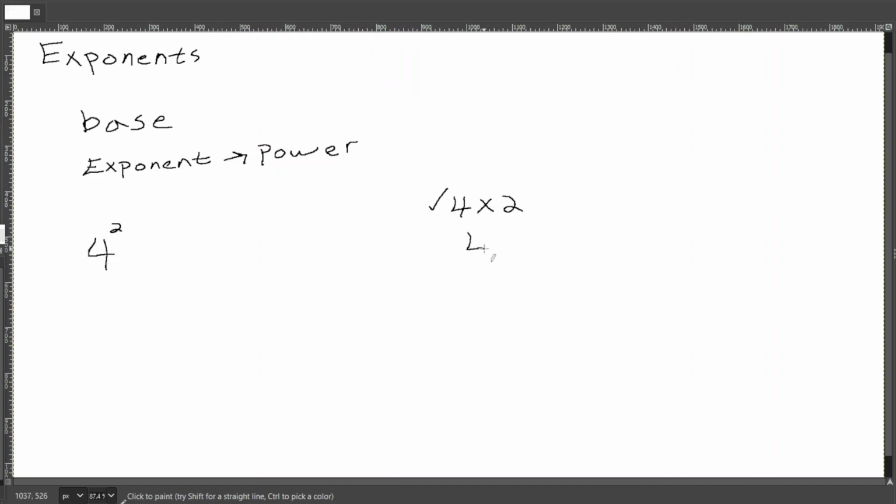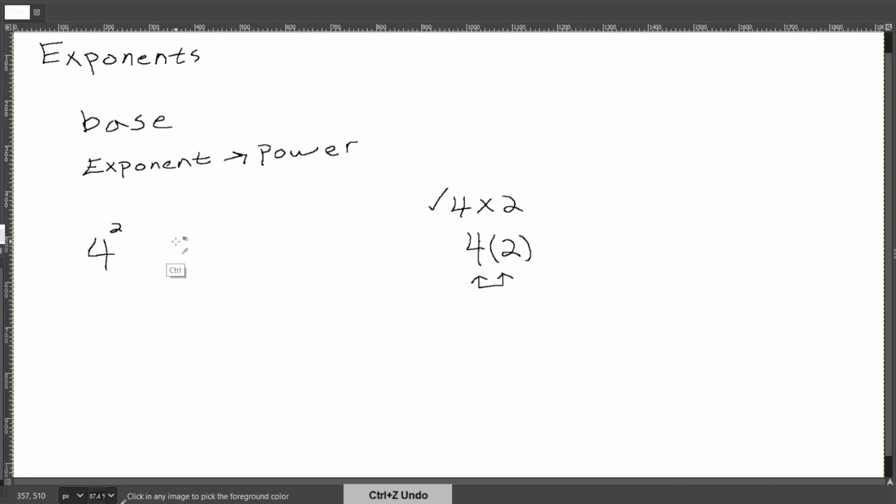The only other variation I could think of is 4 parentheses 2. This 4 is touching the 2. It's not 42. They're touching each other, so that does mean times, but it's not a little 2 on top. So be careful. But even a seasoned mathematician will sometimes answer this as 8. There are times where I make the mistake, I'm going too fast, but it's not equal to 8.